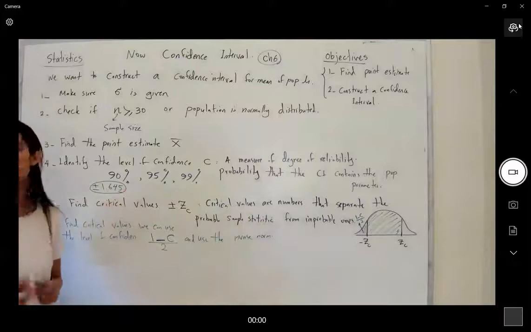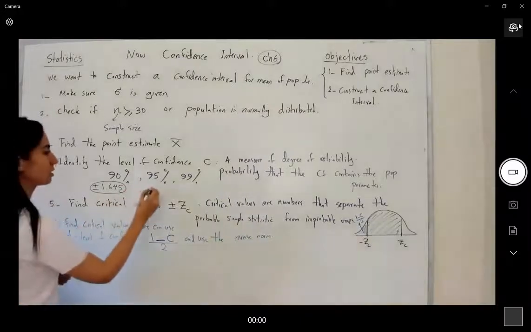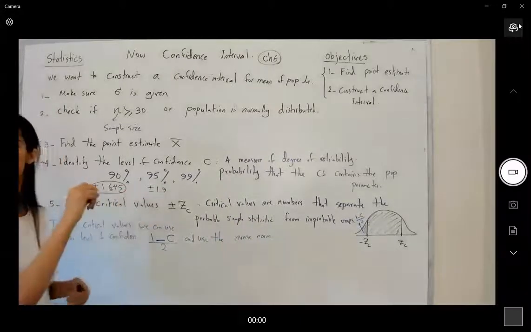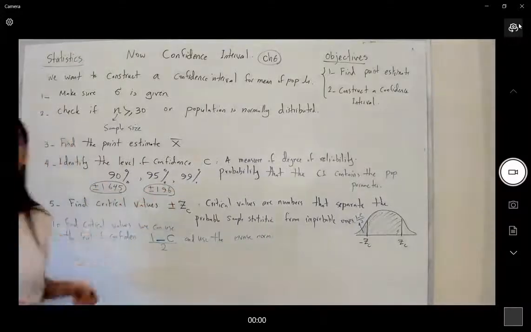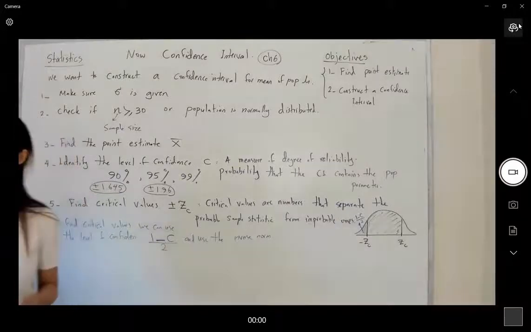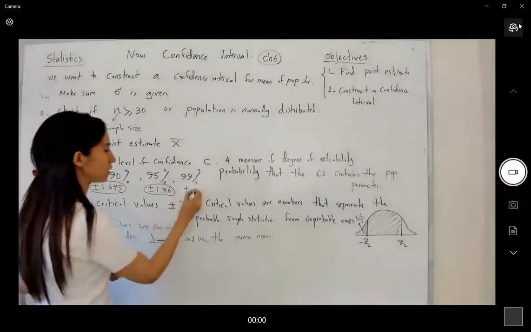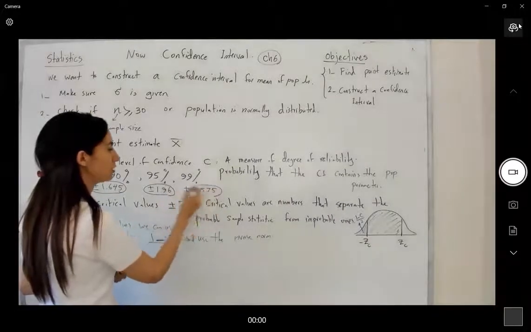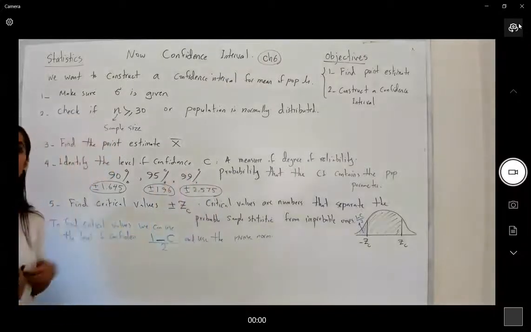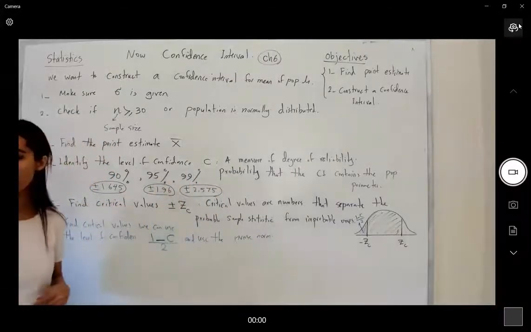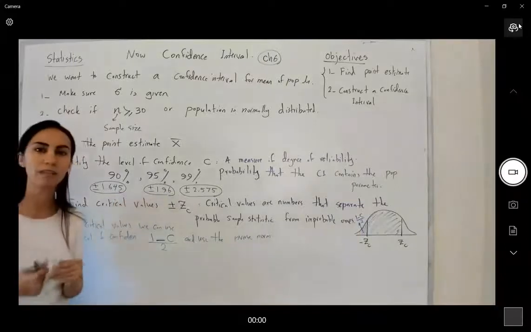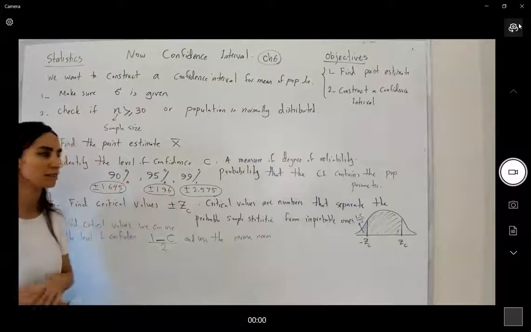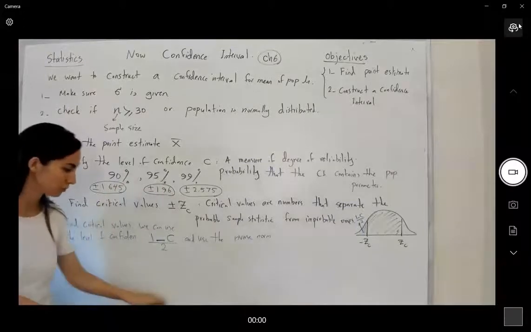For 95%, it is plus or minus 1.96. You can use your calculator or the table. And for the 99% confidence level, it's going to be plus or minus 2.575. You either memorize these or you can always go back to your calculator or your Z table to find the different critical values for the confidence level given to you.